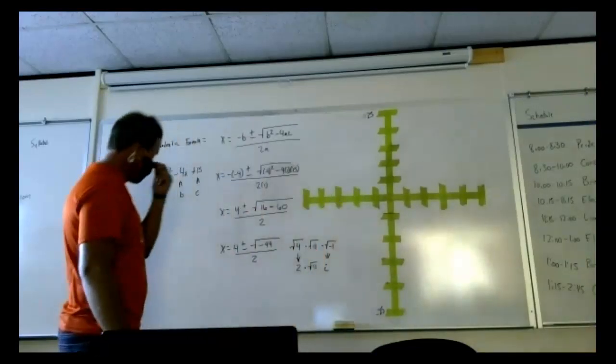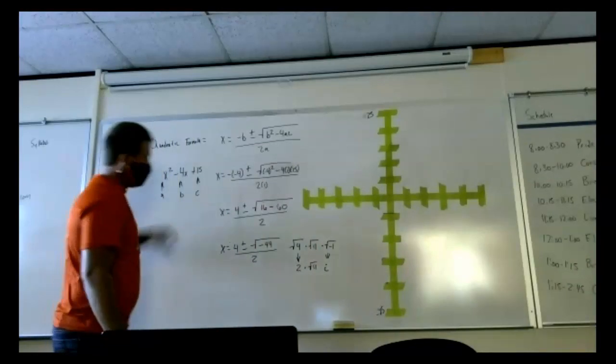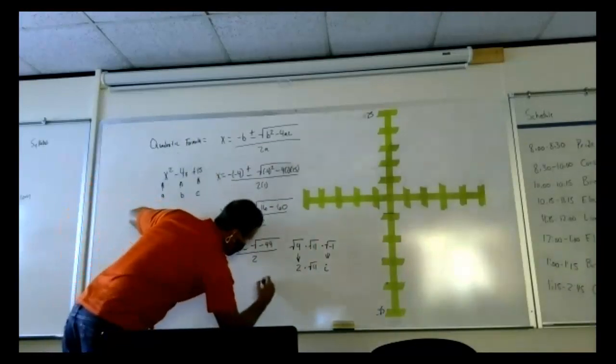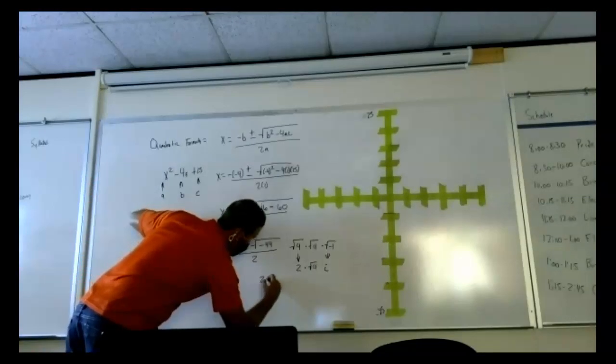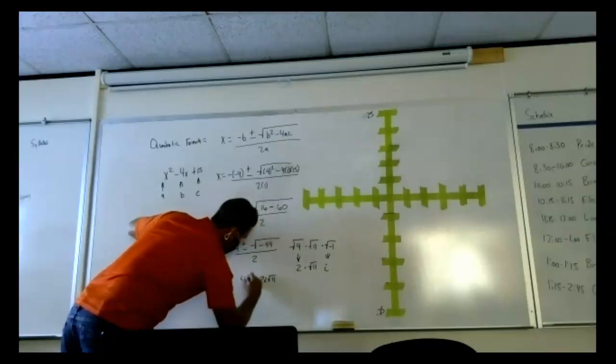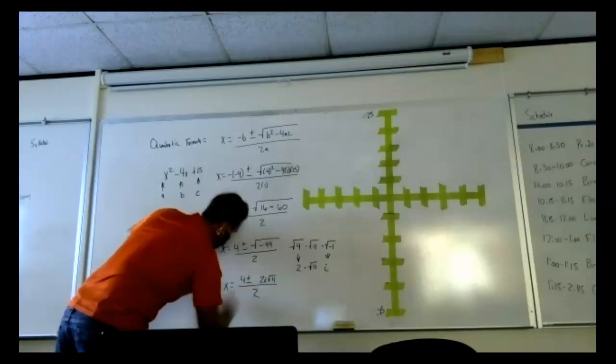So the square root of -44 can be written as 2i times the square root of 11. That's going to be added to 4 plus or minus over 2, and those are equal to our x values.